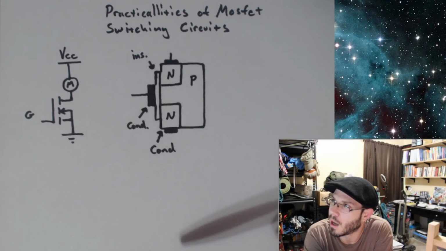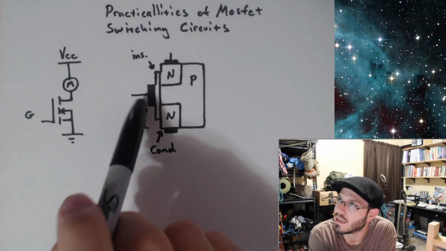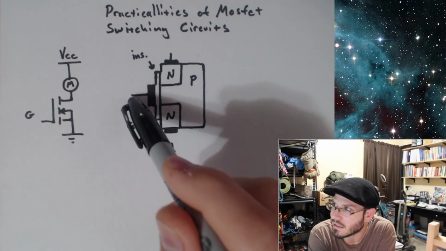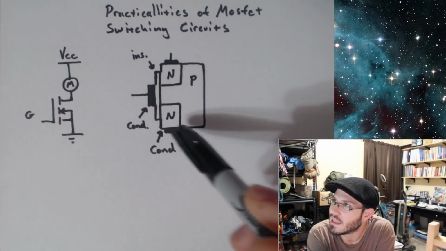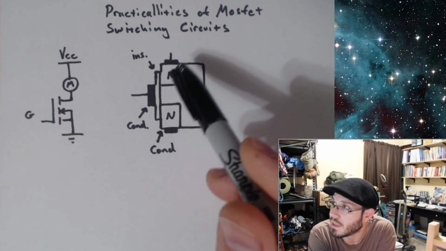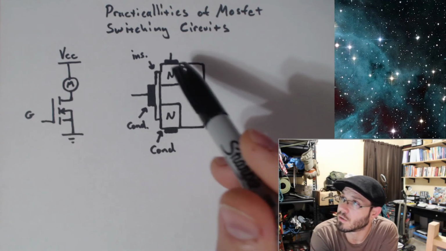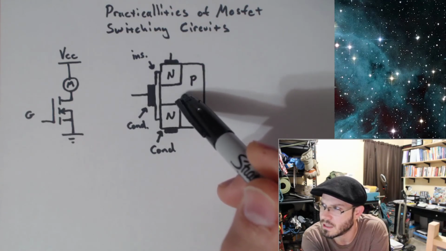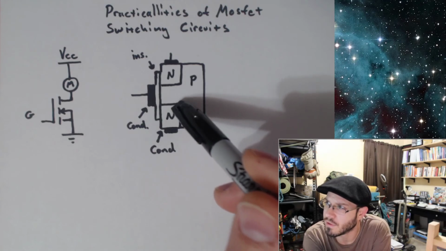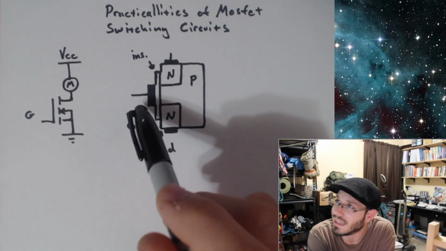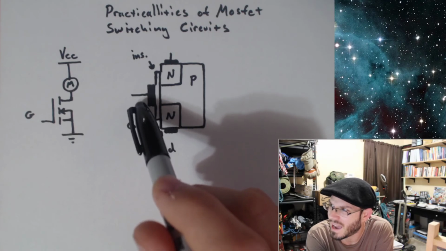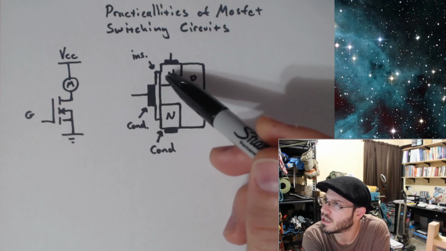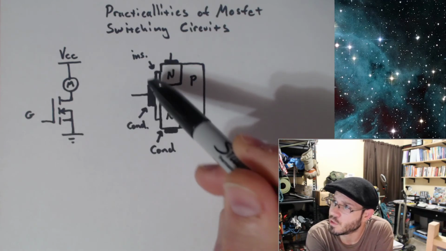When you construct a MOSFET like this, we have a conductor on the gate, an insulator, and the conductor of the body of the MOSFET. The body of the MOSFET, which is constructed out of N-type material and P-type material, is also conductive. Granted, it's a bit less conductive than the actual gate is, but nevertheless, we have a conductor here, a conductor here, and an insulator between those two.